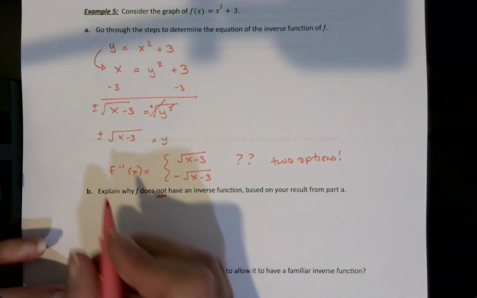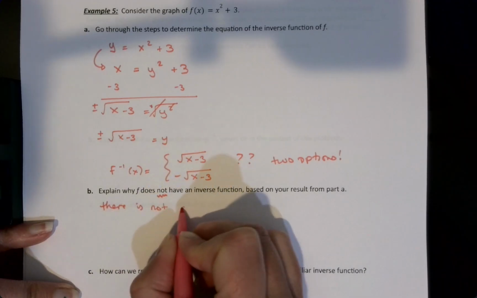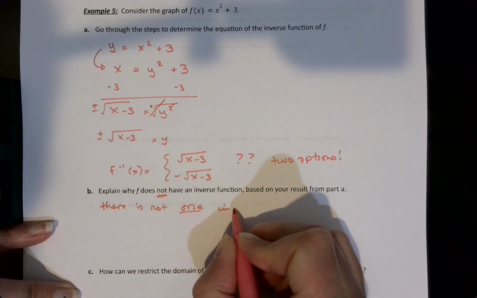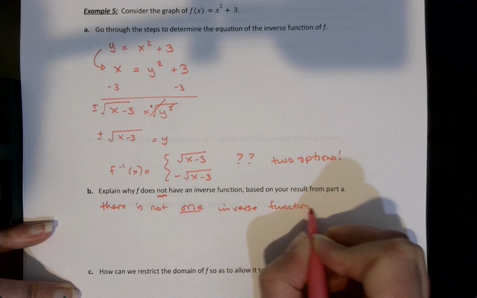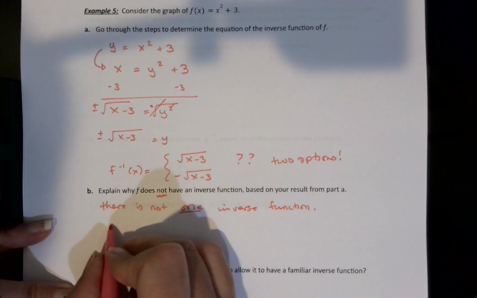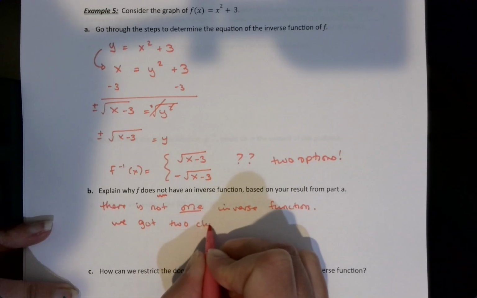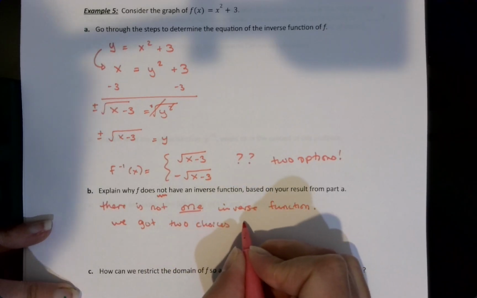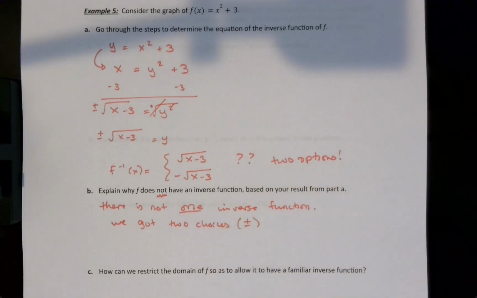Okay, there is not one inverse function because we got two choices, and no way to determine which of those is true. They're actually both or neither true together. So we don't have a way of getting a singular inverse function.